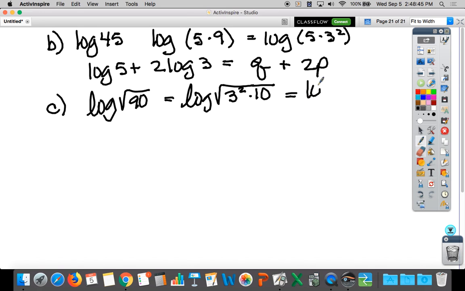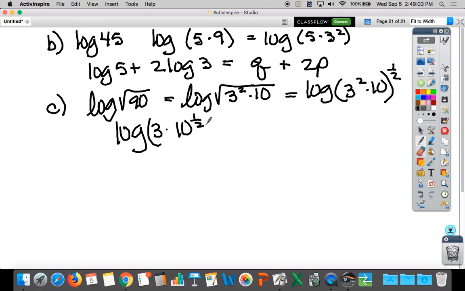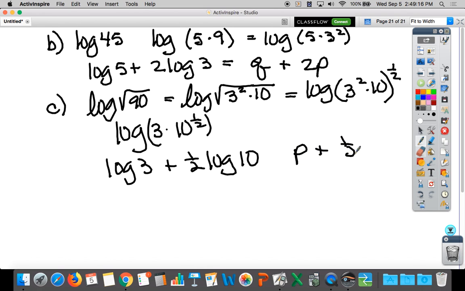Now, to expand that, that would be 3 squared times 10, and everything is to the 1/2. So 3 squared to the 1/2 would be 3, and that would be 10 to the 1/2. So this would be log 3 plus 1/2 log 10.